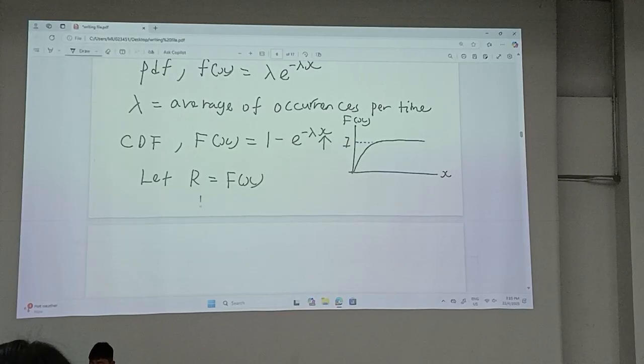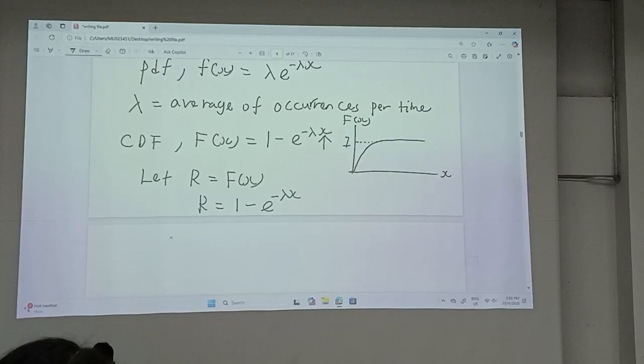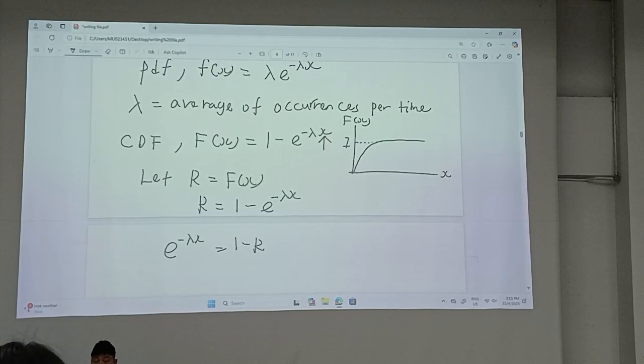As a result, R equals 1 minus e to the power of negative lambda x. First, we put this e to the other side, and it becomes positive. And transfer this R to the other side, so it becomes 1 minus R.